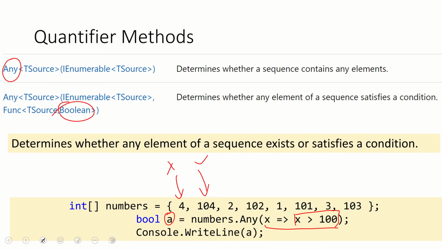For All, every element must satisfy it, but for Any, if one of the elements satisfies the condition, it will return true.